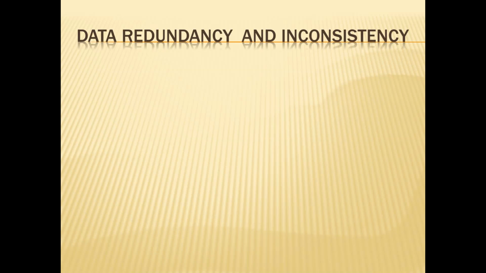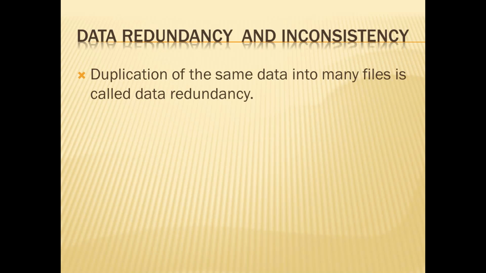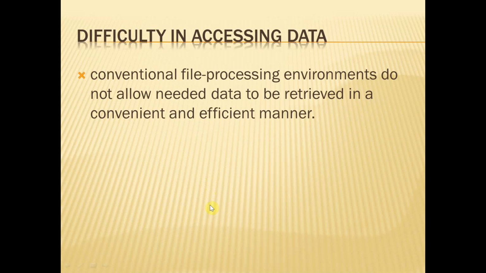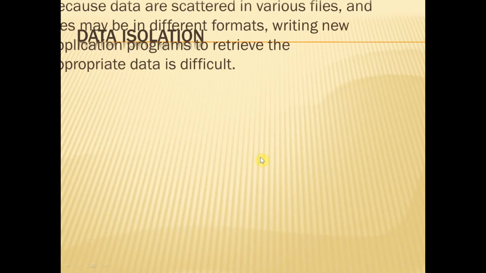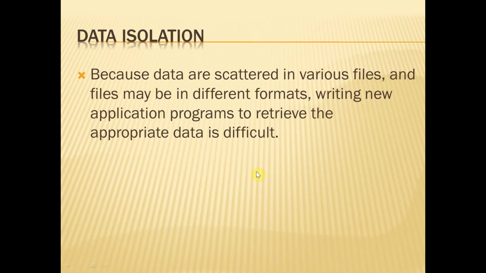Number 1, data redundancy and inconsistency. So when we are storing data in different files, the same data will be manipulated again and again. So we will have data redundancy. That leads to an inconsistency problem. The next one is data isolation.